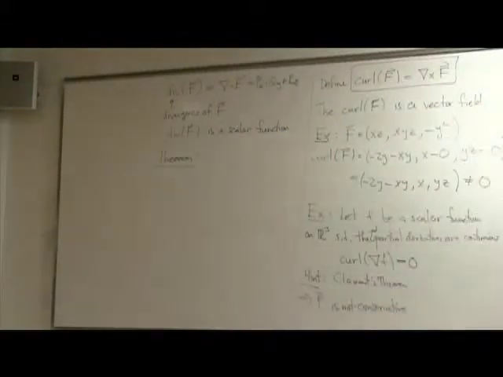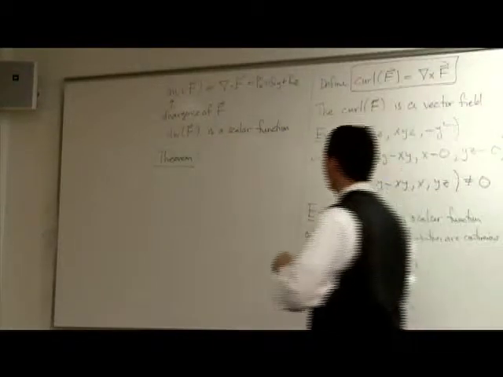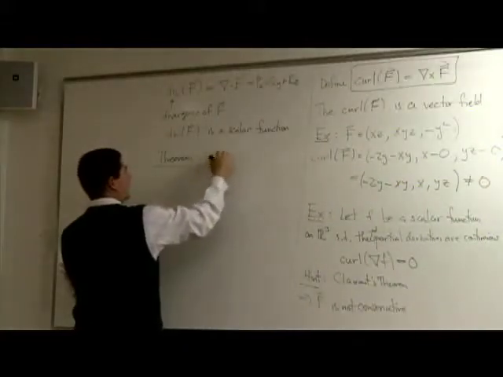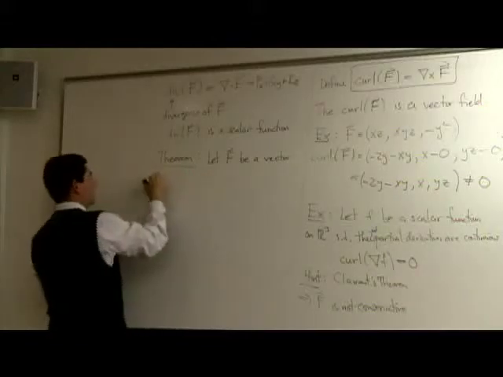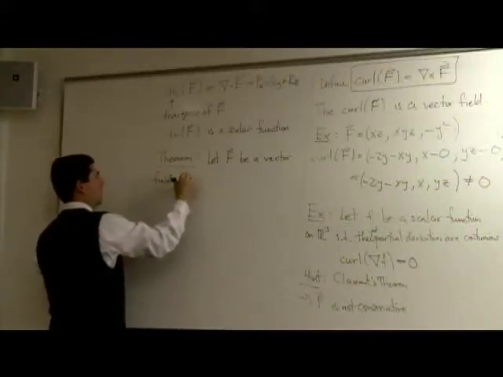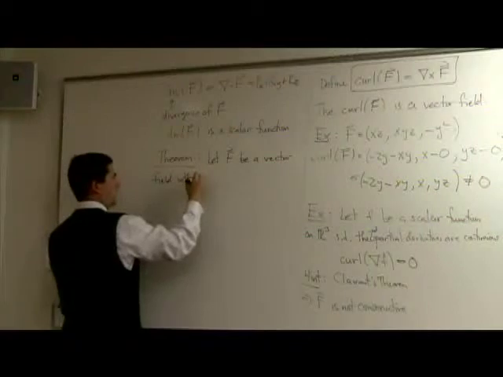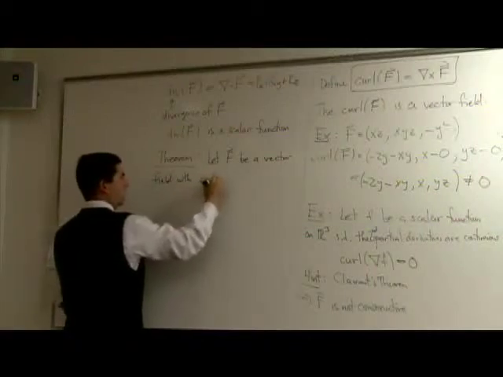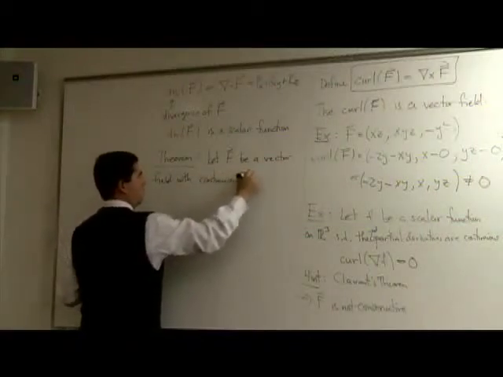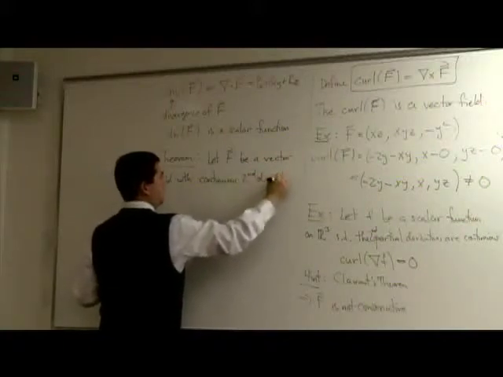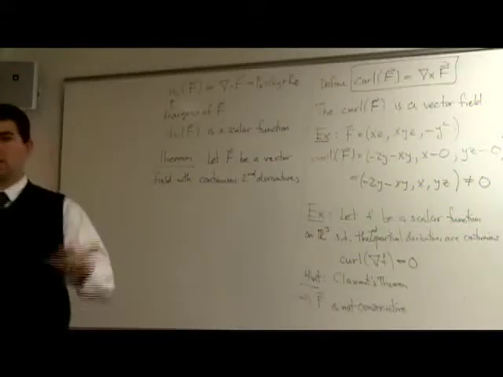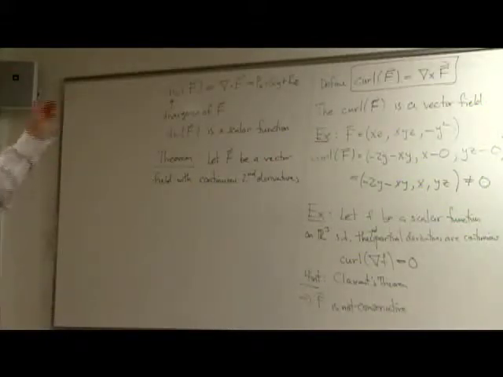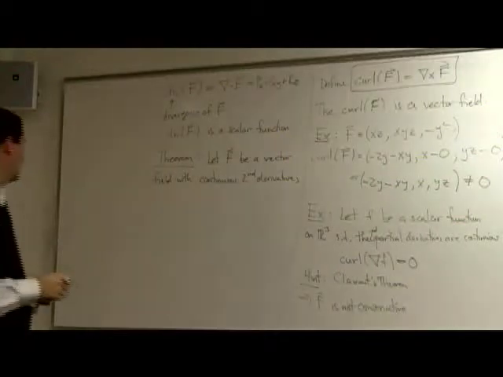Why don't I take a vector field with continuous second derivatives. Now, what do I mean by continuous second derivatives of a vector field? I mean that the component functions have continuous second derivatives. So p, q, and r have continuous second derivatives.